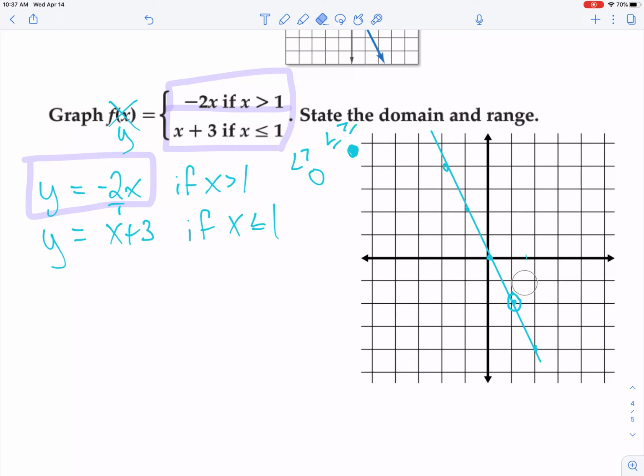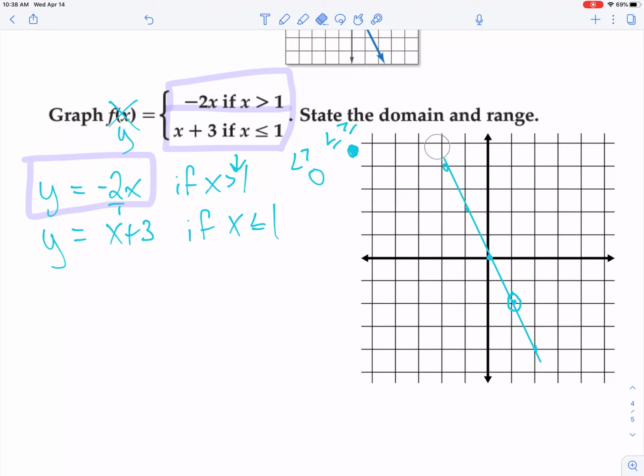Then what I'll do after that is it says x is greater than 1. So the x numbers that are bigger than 1 would be these ones all right here, right? So that means all of this section is the part of the graph that I want to keep. Everything on the other side of this circle, I'm going to be erasing.